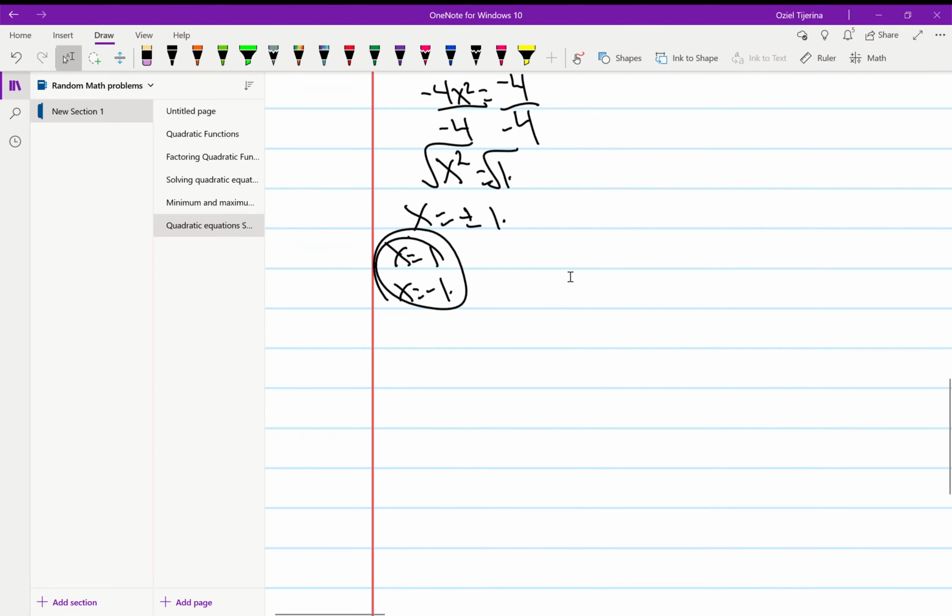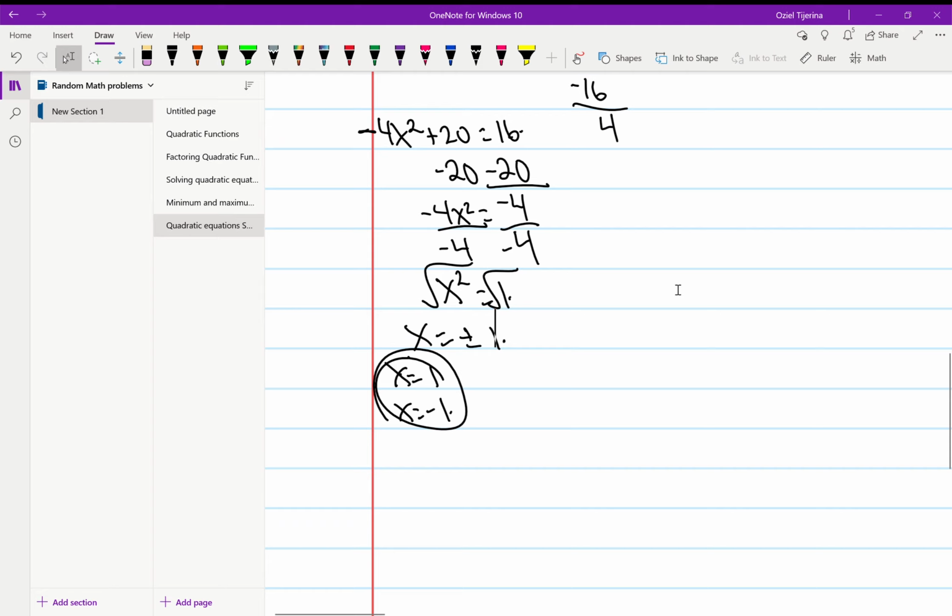But in the next video, I'm going to already start to introduce how to do quadratic equations with the imaginary number and what that means and why we use that in algebra.